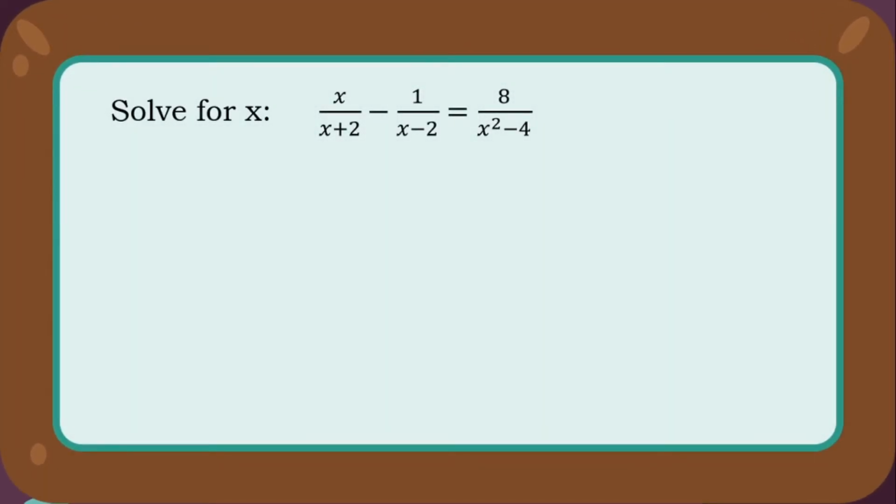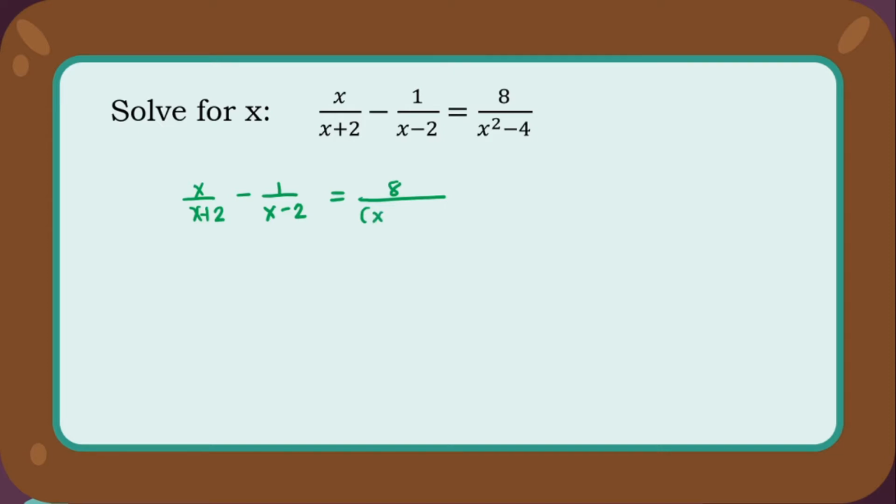Solve x over x plus 2 minus 1 over x minus 2 is equal to 8 over x squared minus 4. To solve this equation, let us first factor the equation. This will now become x over x plus 2 minus 1 over x minus 2 is equal to 8 over... what are the factors of x squared minus 4?